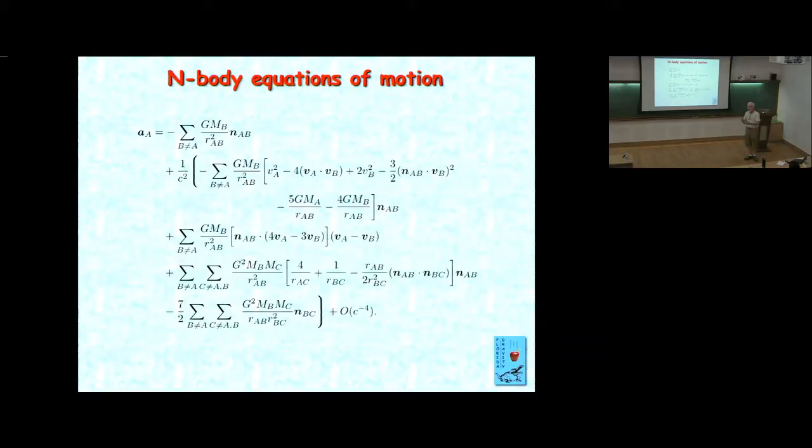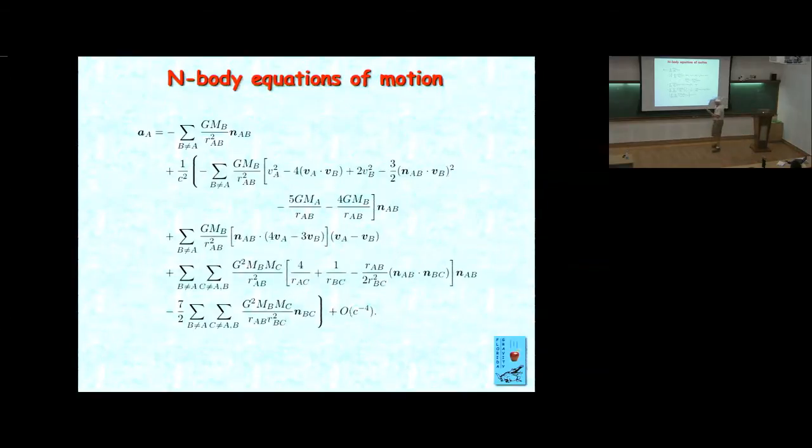You know, gravity generates gravity. So the gravity of body B and the gravity of body C combine to produce an effect on body A. And there's even a term here where the acceleration of body A is in the direction of the line between body B and body C. So again, just gravity is nonlinear, so you get these nonlinear effects.